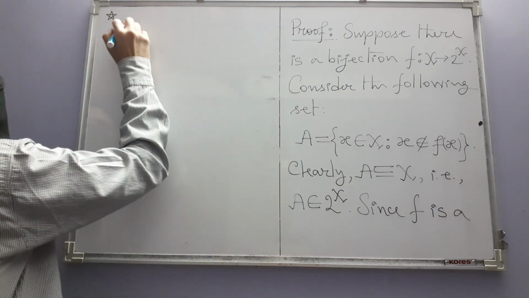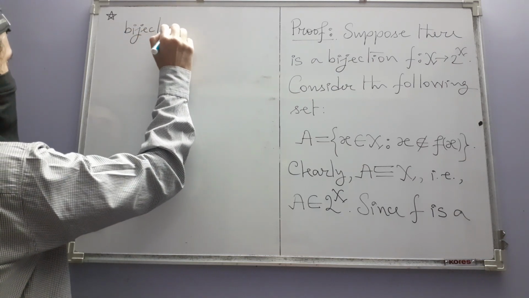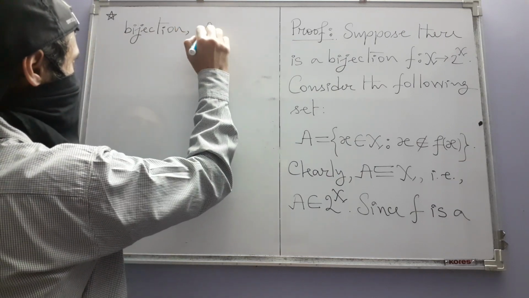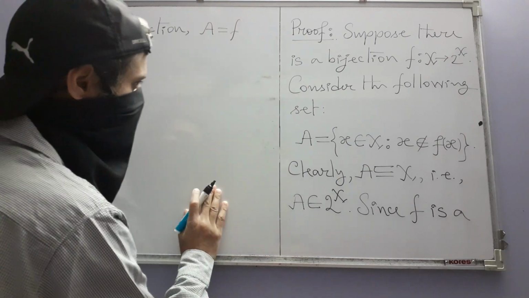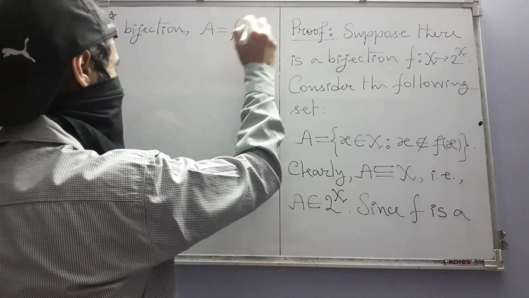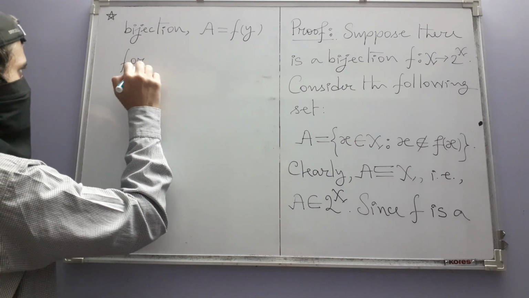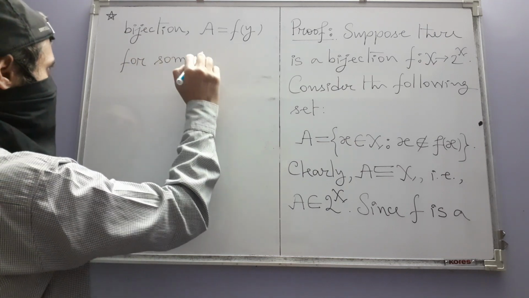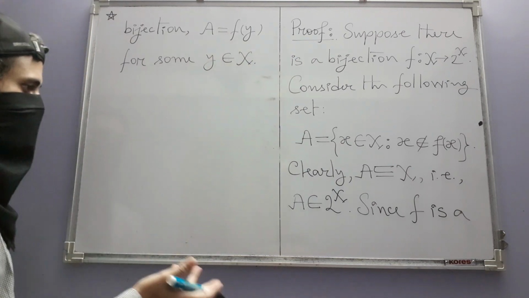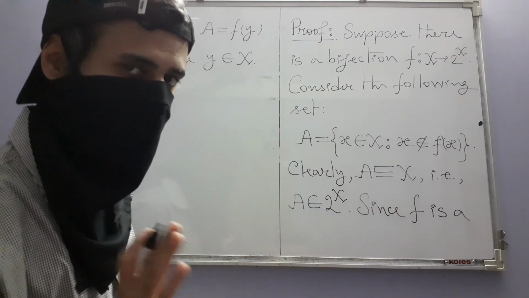Since f is a bijection, A equals f(y), well, we are treating x as a general element, so let's take y, for some y in X.